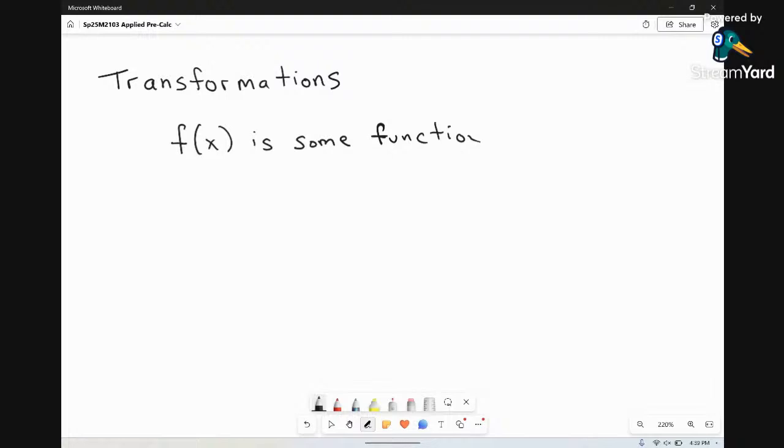So all I want to say so far is this. Suppose f of x is some function, some graph. That's all I'm trying to say. My goal tonight is to say, no matter what function graph you give me or that you see, goal number one is this. Then f of x minus h is a horizontal shift.